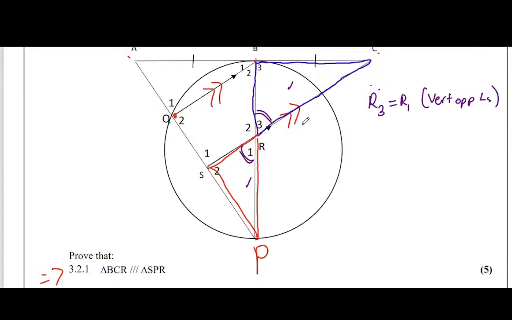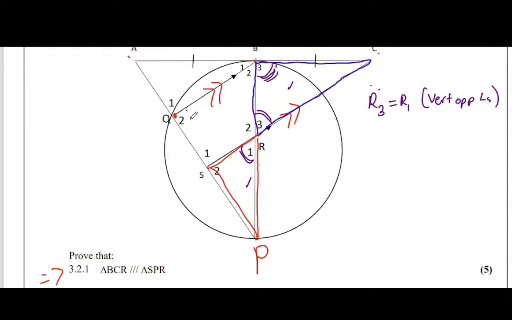Since they told us that ABC is a tangent, is it possible for us to create a tan chord? We can see that B3 is going to be the same as Q2.